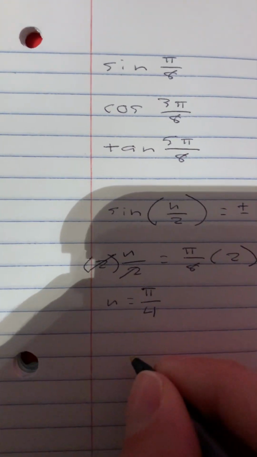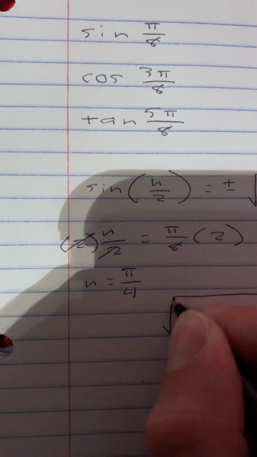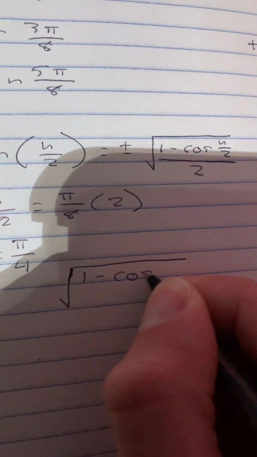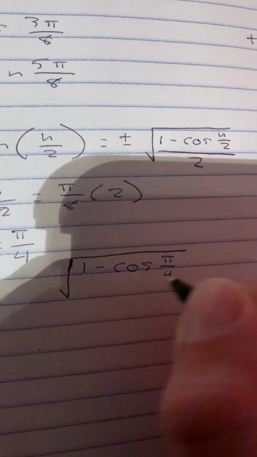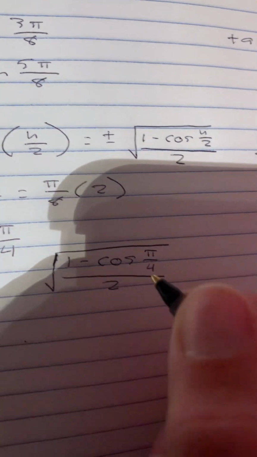So in order to find the sine of pi over 8, I'm just going to do the positive square root of, fix my square root sign there. And I got 1 minus the cosine of pi over 4 all over 2, right? And then I just simplify.